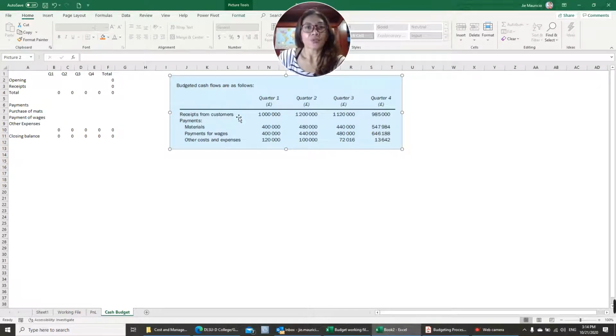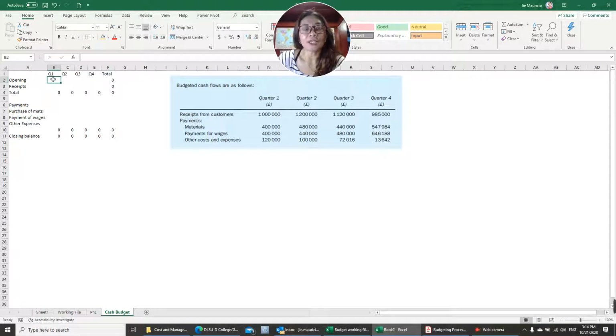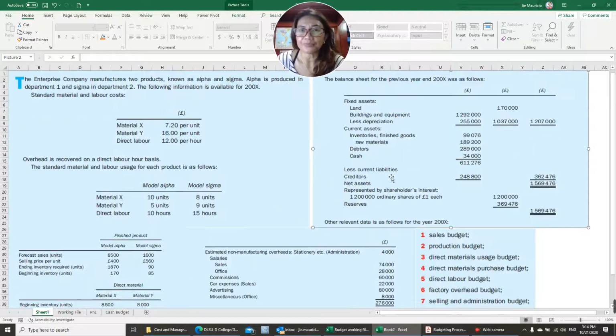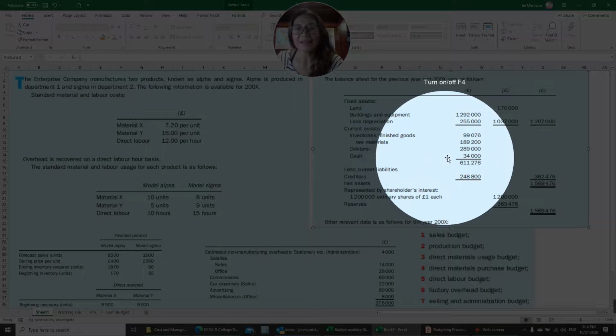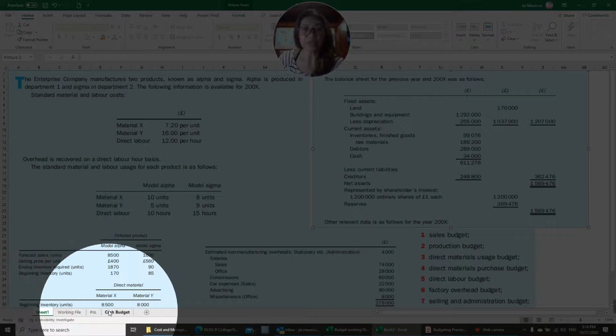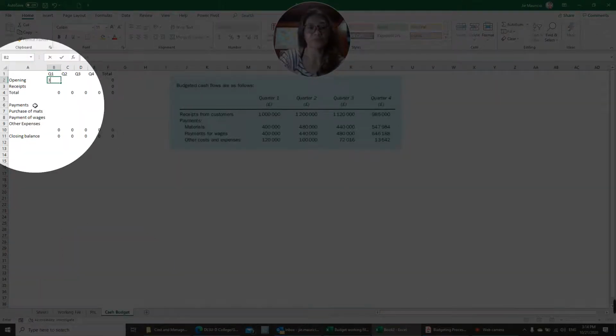So let's do the cash budget. The opening cash will be the one that is coming from your balance sheet. So going back to the balance sheet, I think it shows here that your cash balance at the end of the year from the prior year is 34,000. So that's what we're going to encode here, 34. Okay?